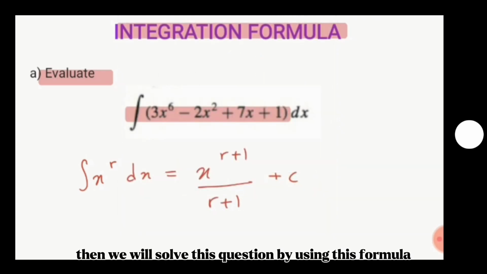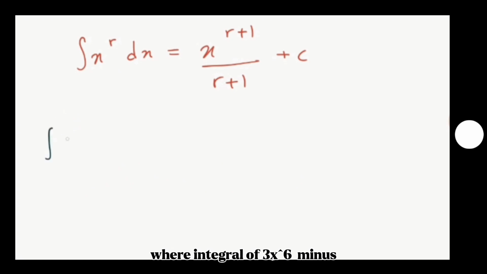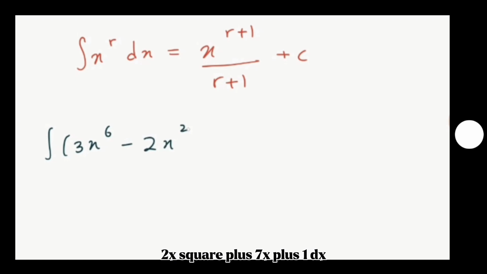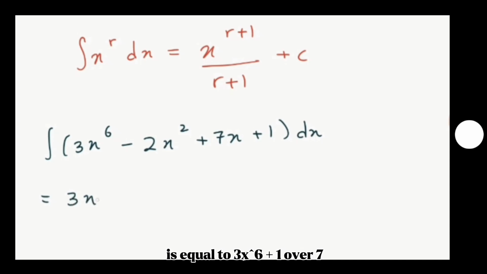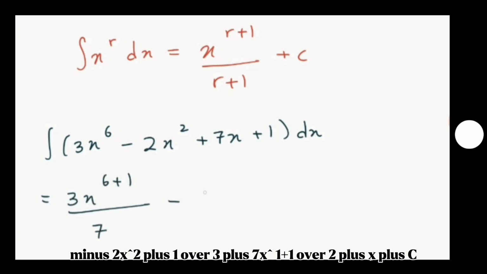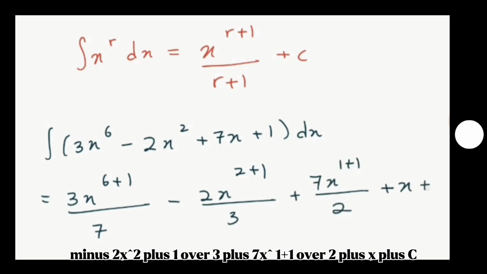Then we will solve this question by using this formula where the integral of 3x^6 minus 2x^2 plus 7x plus 1 dx is equal to 3x^(6+1)/7 minus 2x^(2+1)/3 plus 7x^(1+1)/2 plus x plus c.